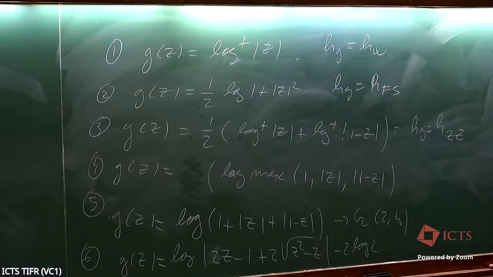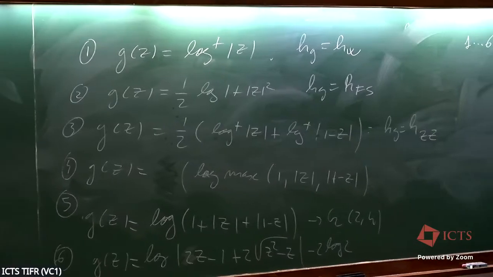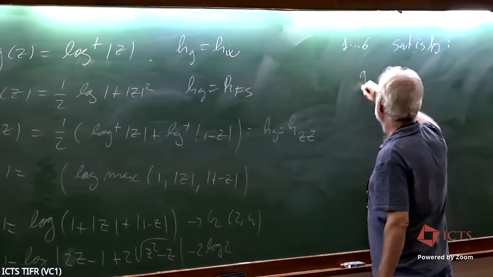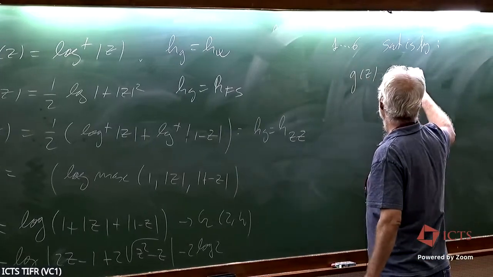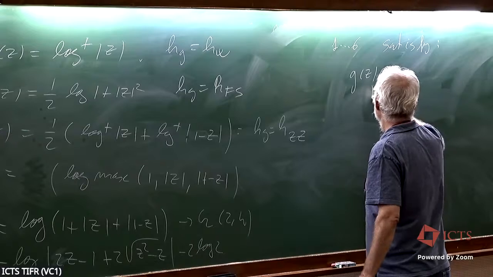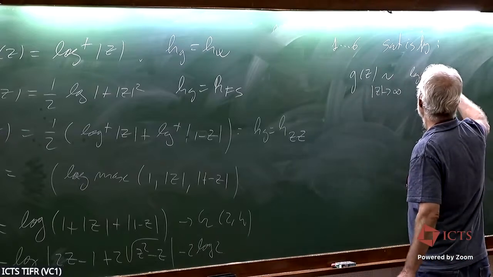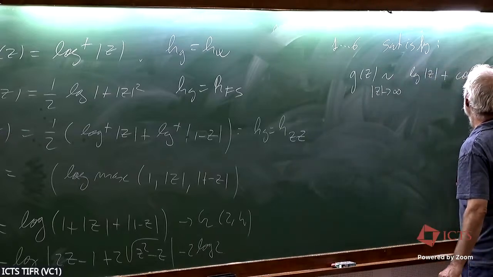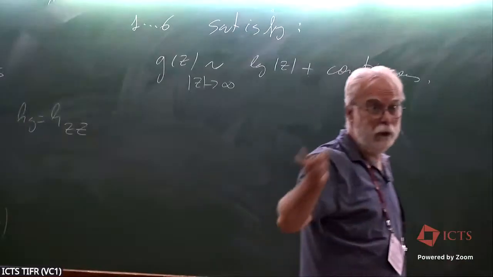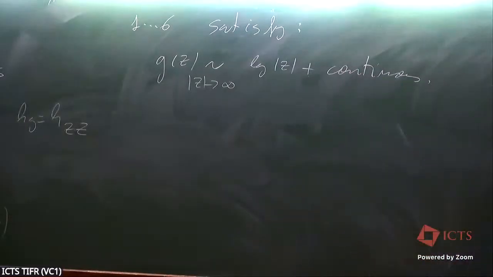Okay. Now, all of these functions, examples 1 up to 6, satisfy that G of z, when z goes to infinity, is like log of absolute value of z plus a continuous function. So it's a function that extends continuously to infinity. Why have I taken this singularity? Because of the next example.